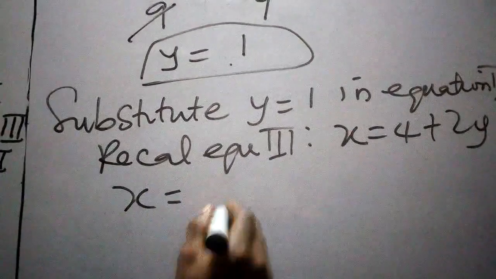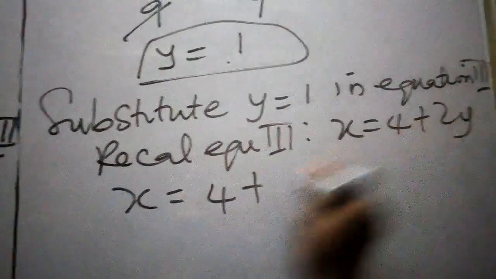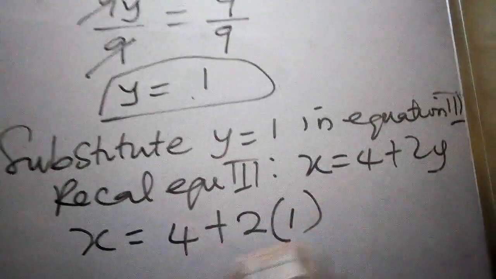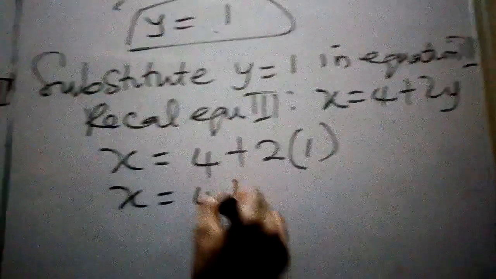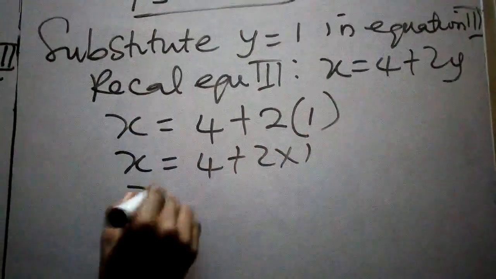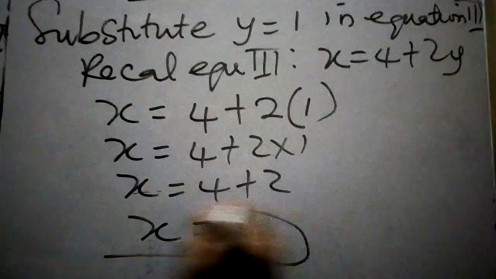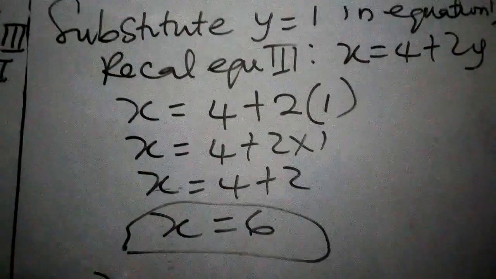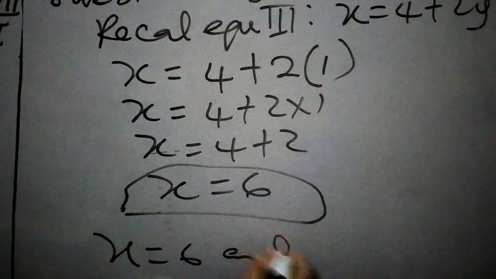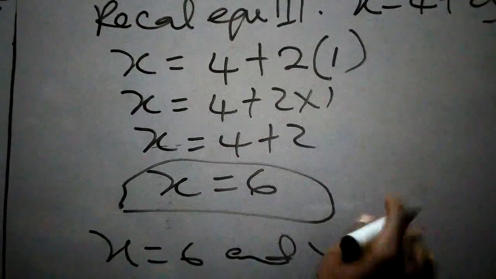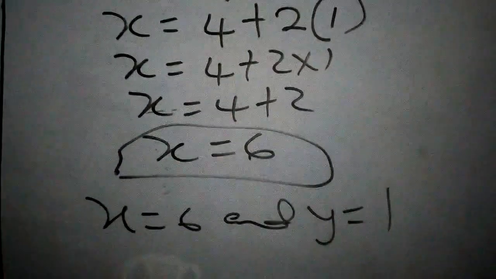So x equals 4 plus, where you have y, you now put 1. x equals 4 plus 2 times 1, x equals 4 plus 2, so x equals 6. At the end of this equation, x equals 6 and y equals 1. This point solves this simultaneous equation.